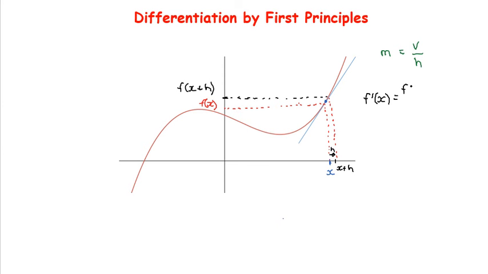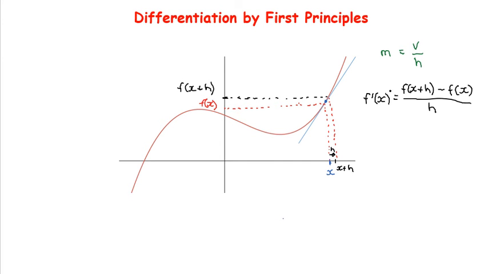So that would be f of x plus h subtract f of x. And that gives me a vertical change. Remember, these changes are really, really small. And that's all over, well, my horizontal gap was h. You can think of this as x plus h subtract x, which would leave you that wee gap, but we already called it h anyway. So just h.